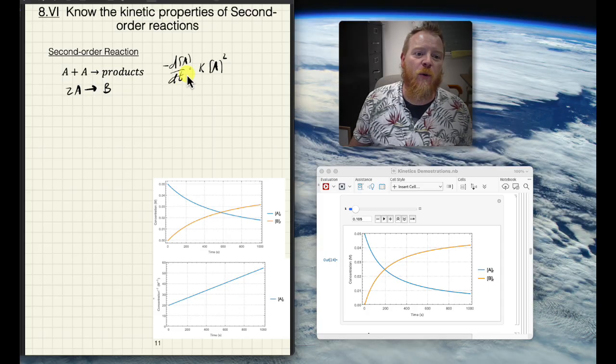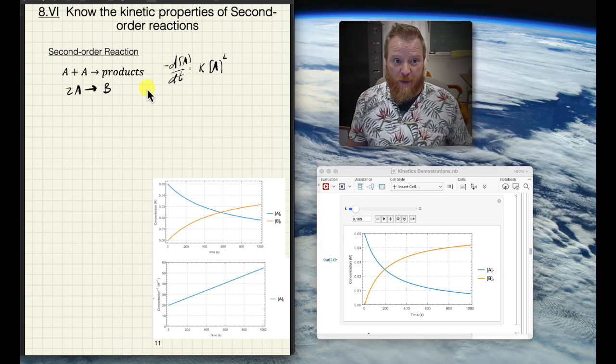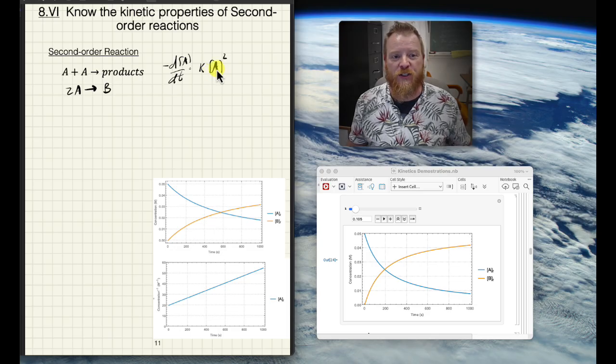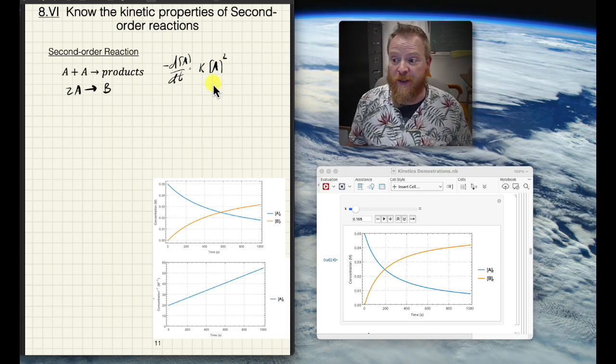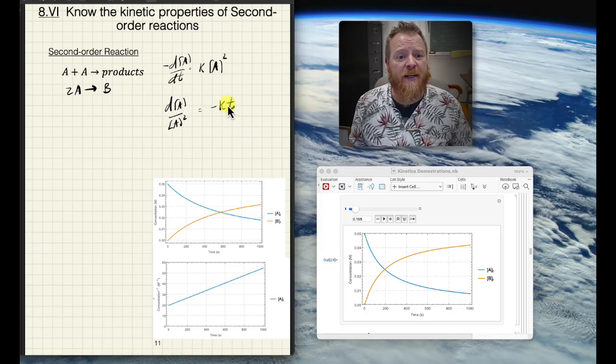Now we're going to follow our same game here, where we separate the two quantities in question and integrate the appropriate sides. Doing that, we end up with dA over A squared equals negative k dt.